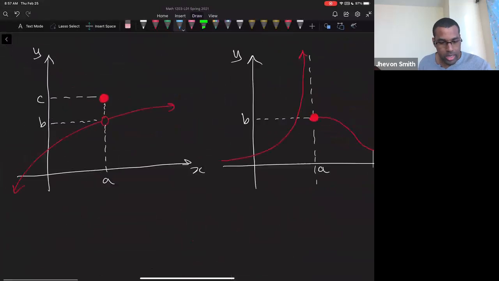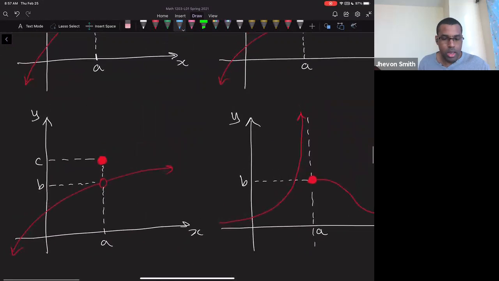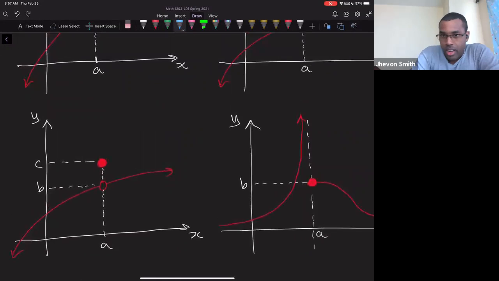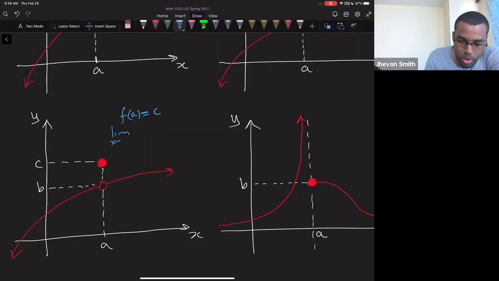Look at this example right here. Clearly, that's not continuous by our definition. And you will notice that both the function and the limit are defined here, but they're not defined to be the same thing. Right here, if I were to look at f of A, the answer is C. And if I were to find the limit as x approaches A, the answer is B. And clearly, B and C aren't the same.